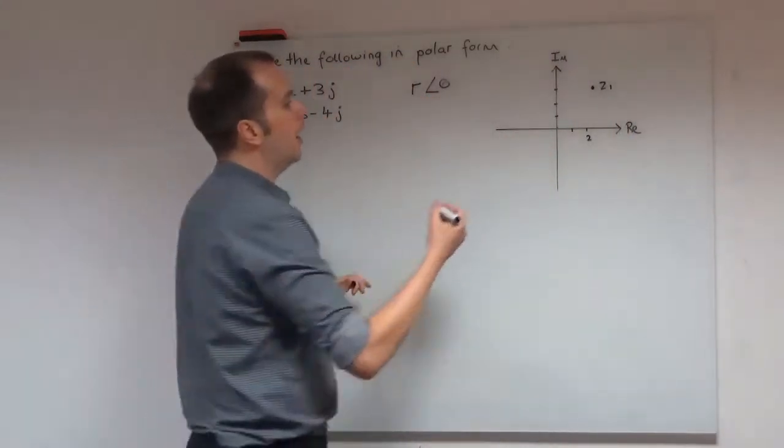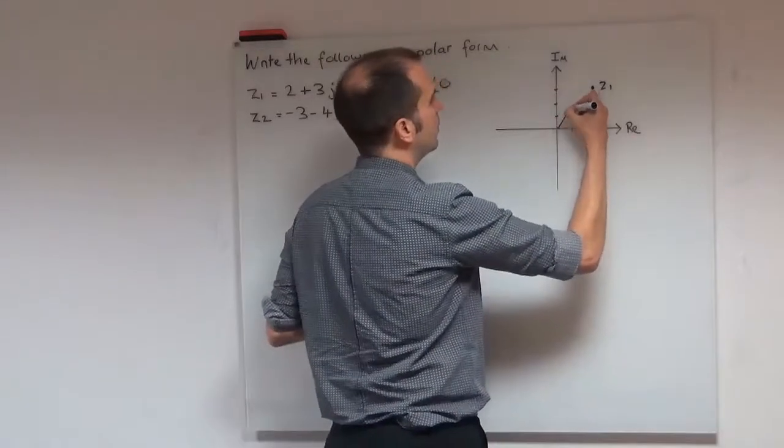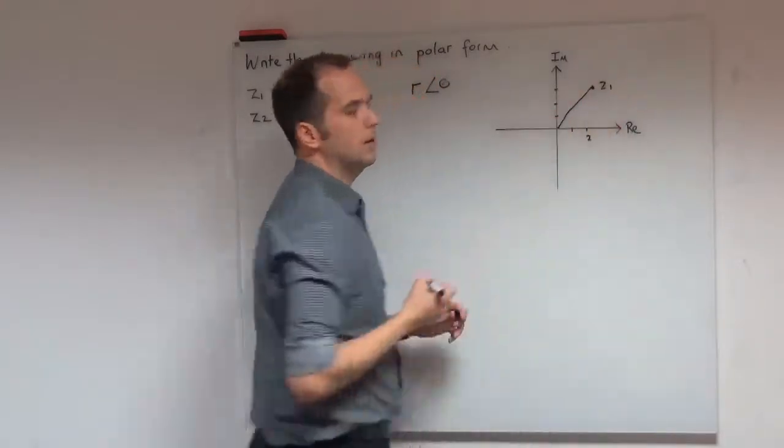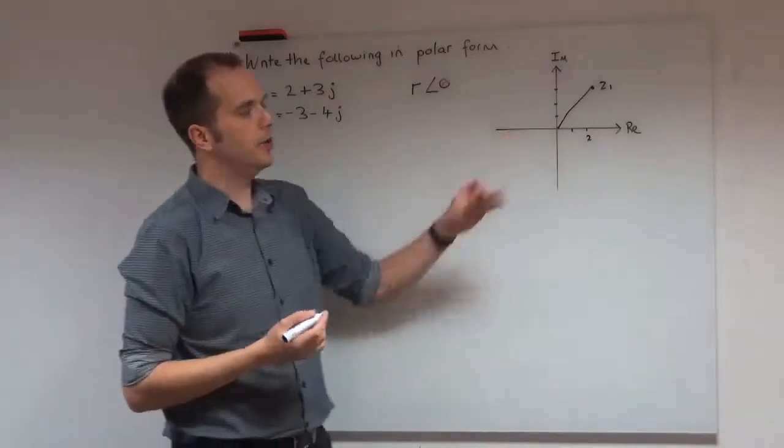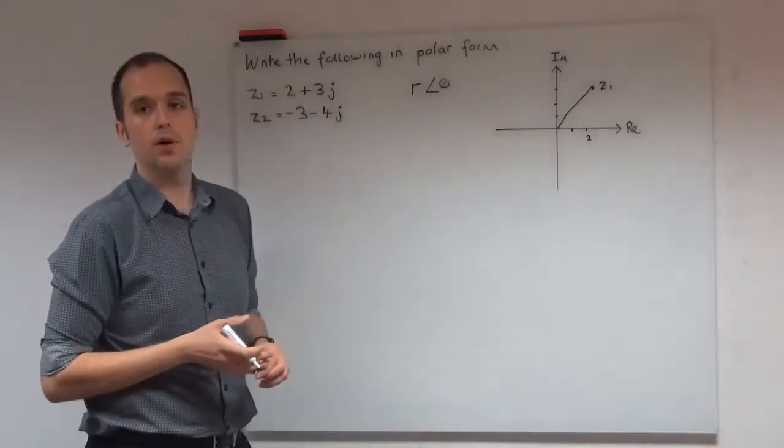Now I'm going to draw a line from the origin to the point Z1, and I'm doing that just to help me convert it into polar form.